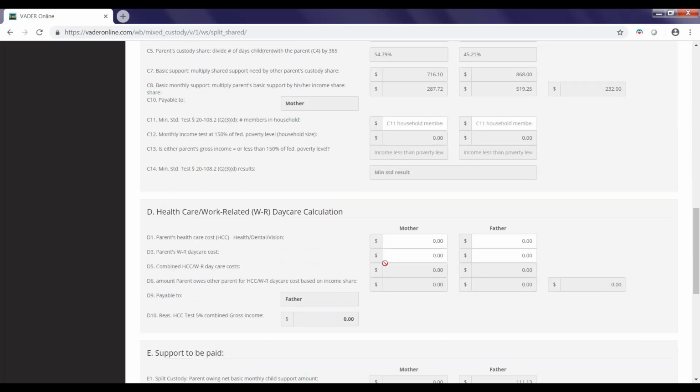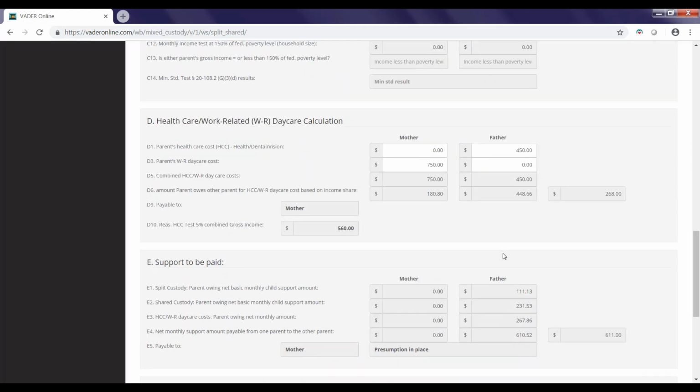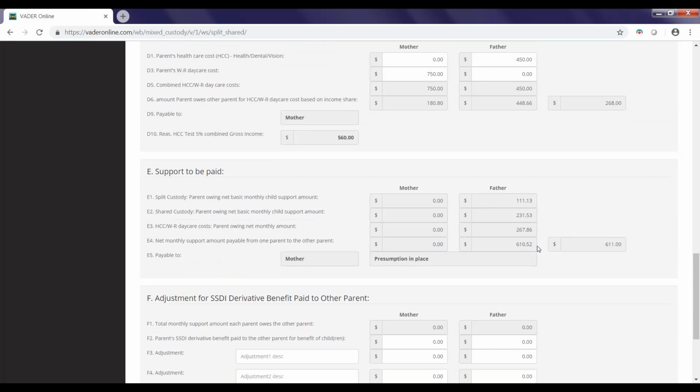So, again, we're looking also to add in any health care or work-related daycare. We said let's assume that dad is paying for all 4 children at $450 a month, and let's assume that mom is making direct payments of daycare expenses at $750 per month. VADER will calculate how those numbers factor in. Under this scenario, mom is going to be owed $268 for the daycare after factoring in the health care expenses.